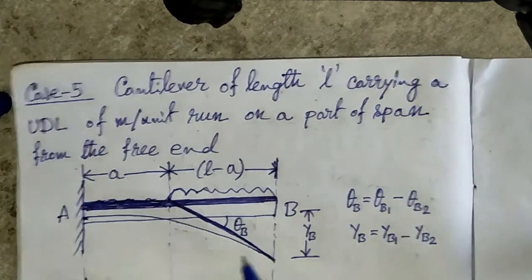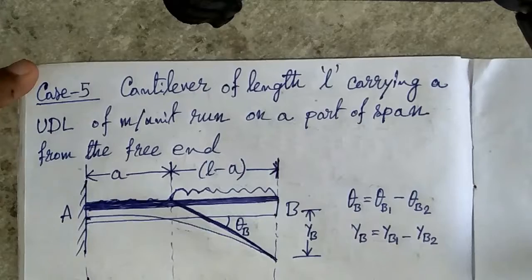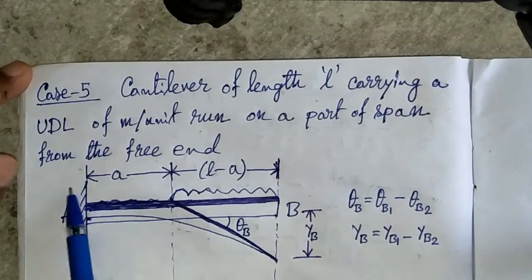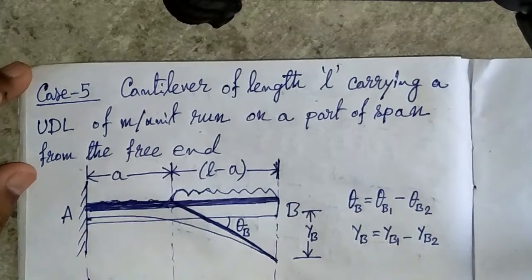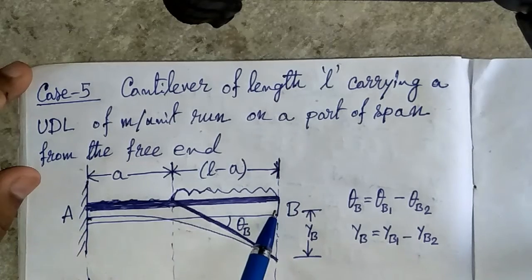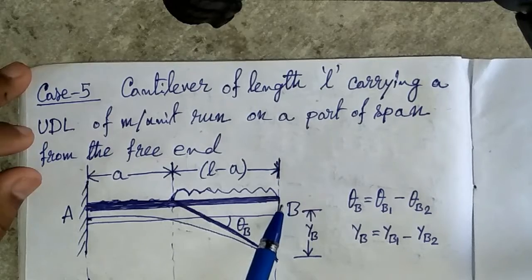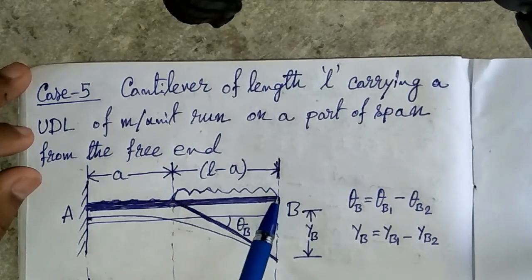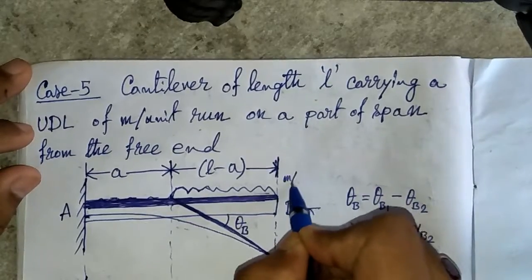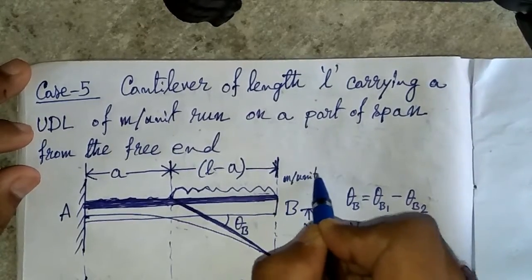In case number 5, we have to find out the cantilever of length L carrying a UDL of m per unit run on a part of the span from the free end. So this is a cantilever beam AB, and from the free end, that means at point B, there is a UDL of m per unit run.